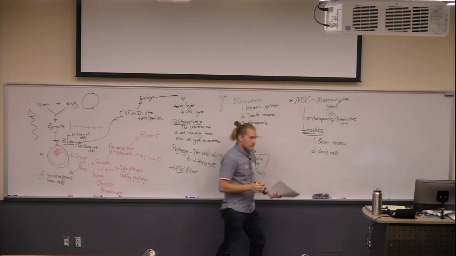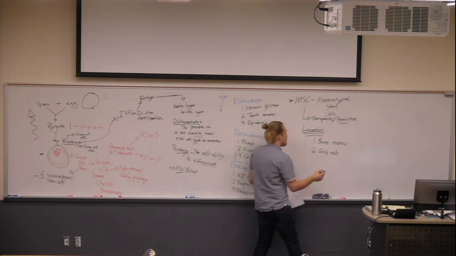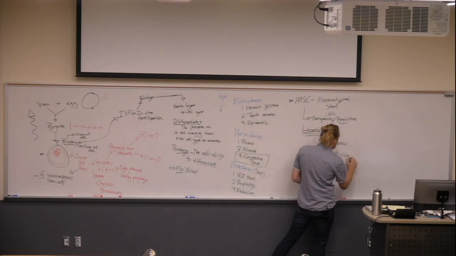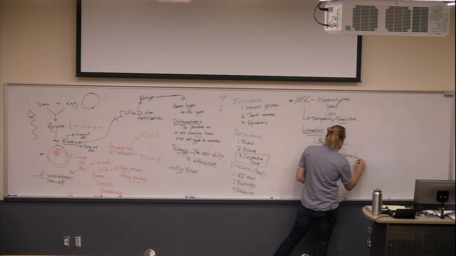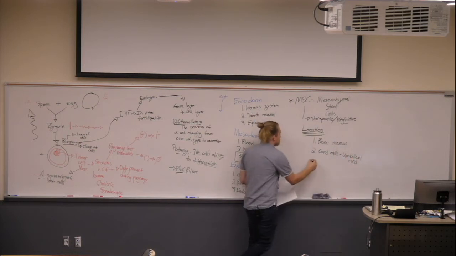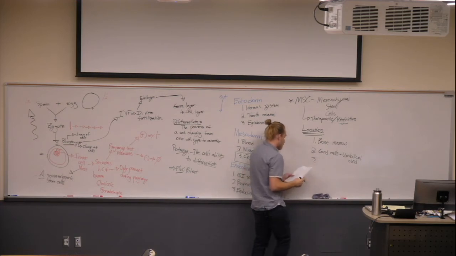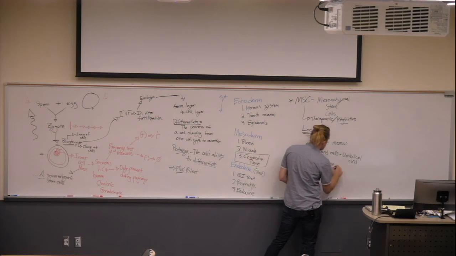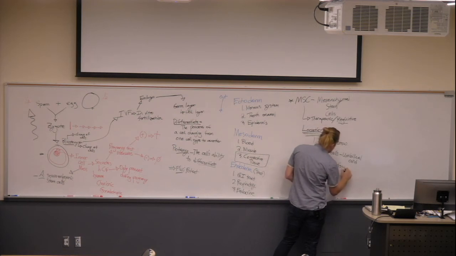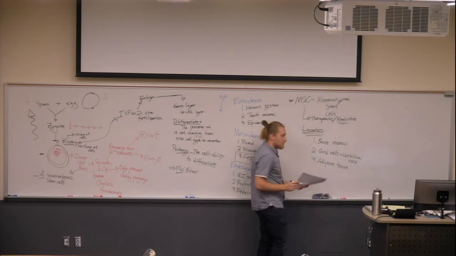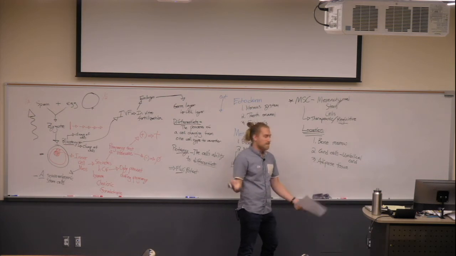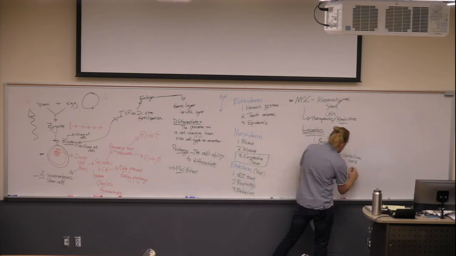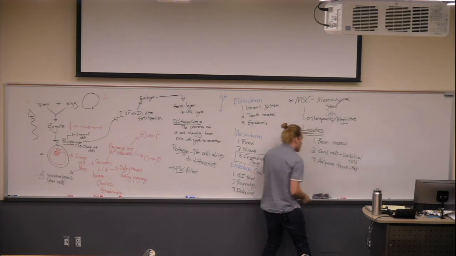Now, this is not a power cord, but rather an umbilical cord. Umbilical cord cells. Third, adipose tissue. Now, what's adipose? Fat.